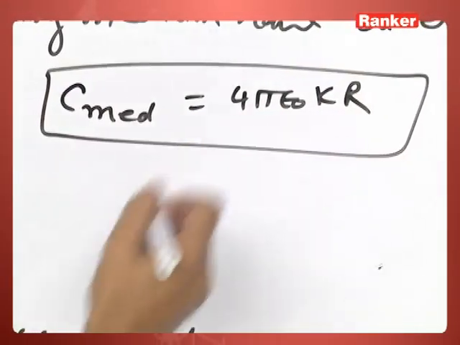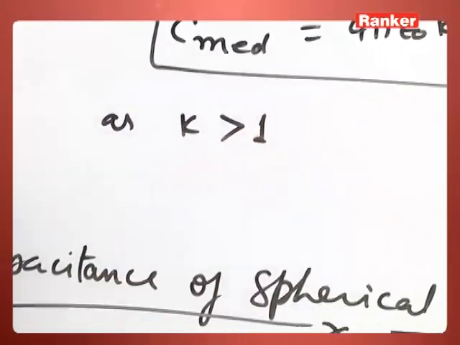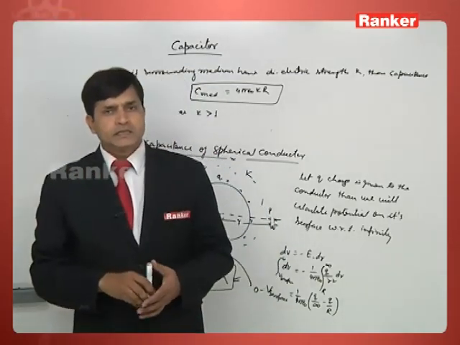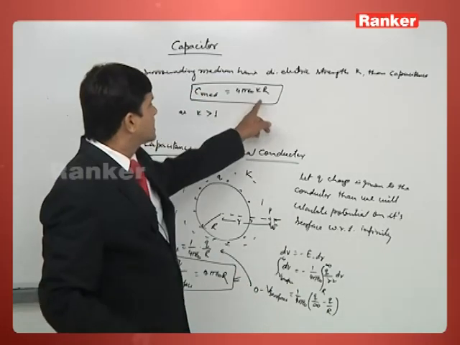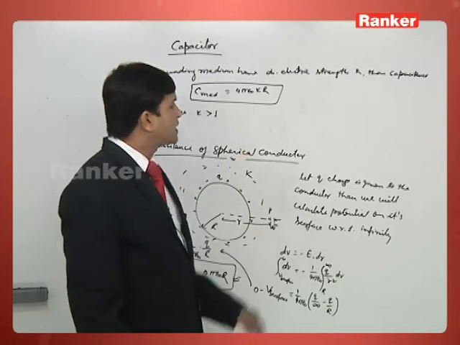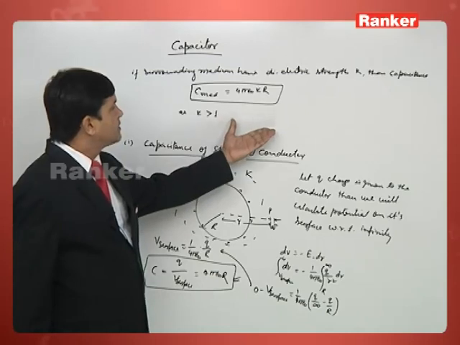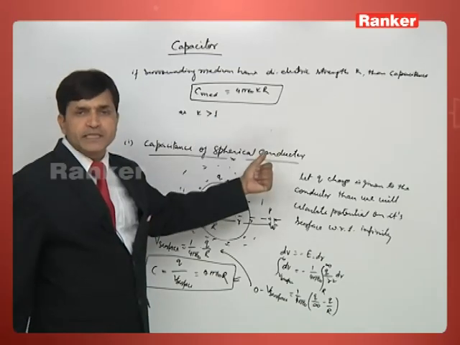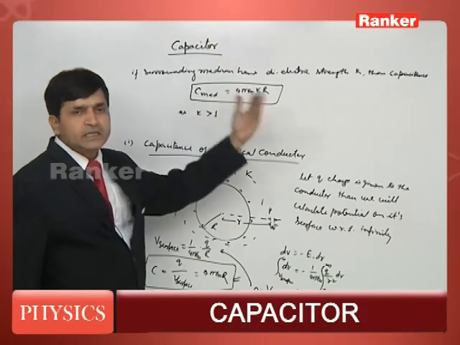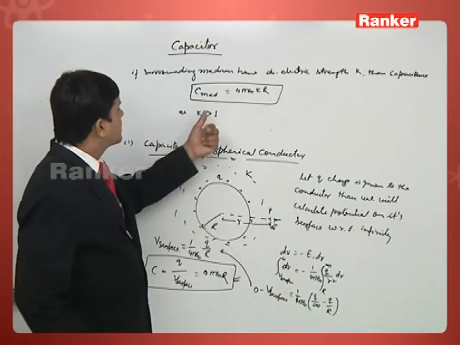From here we observe that as K is greater than 1, the capacitance in a surrounding medium of dielectric constant K is more than the capacitance in vacuum or air. As I suggested previously, capacitance depends on the surrounding medium, so if a non-conducting medium is kept in place of air or vacuum, the capacitance will be more.